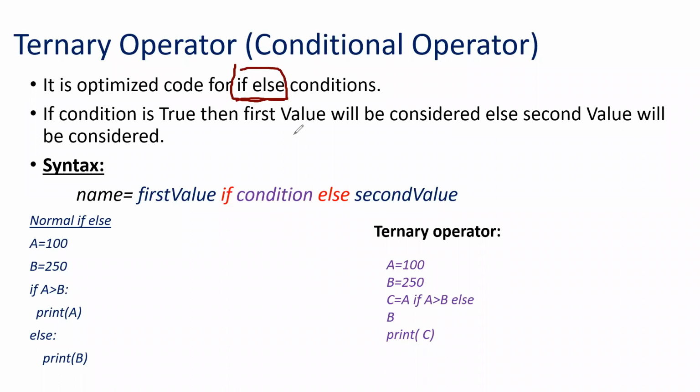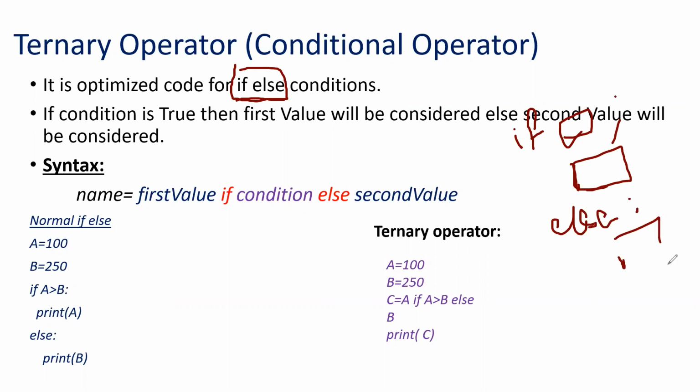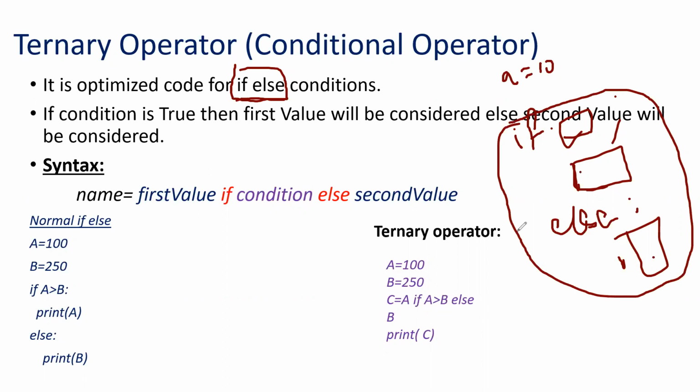If I want to write an if-else condition, there must be one condition, after that some body of code, and then else, and there is some code, with some assigning of values. So 1, 2, 3, 4. 4 lines of code are required to execute if-else statements. But in the ternary operator, the same 4 lines of code are executed in a single line.